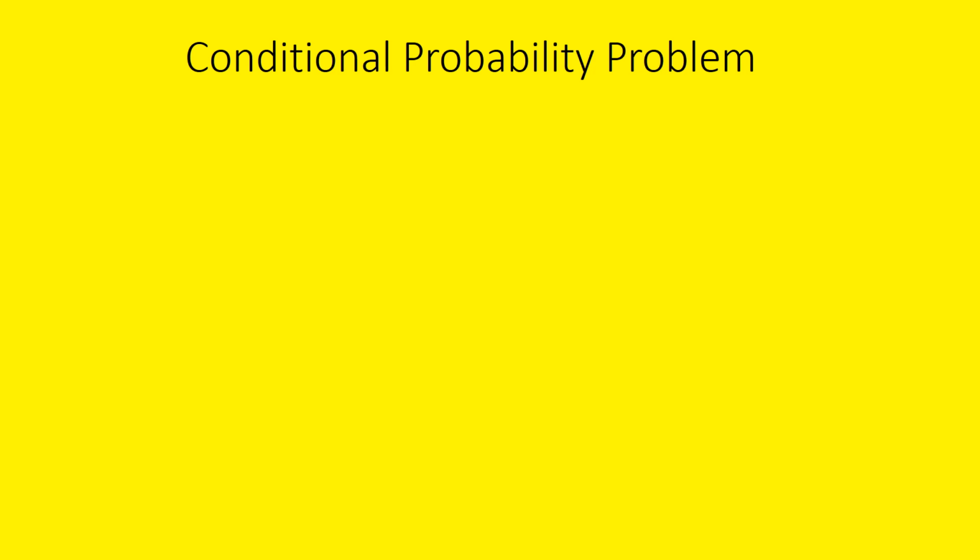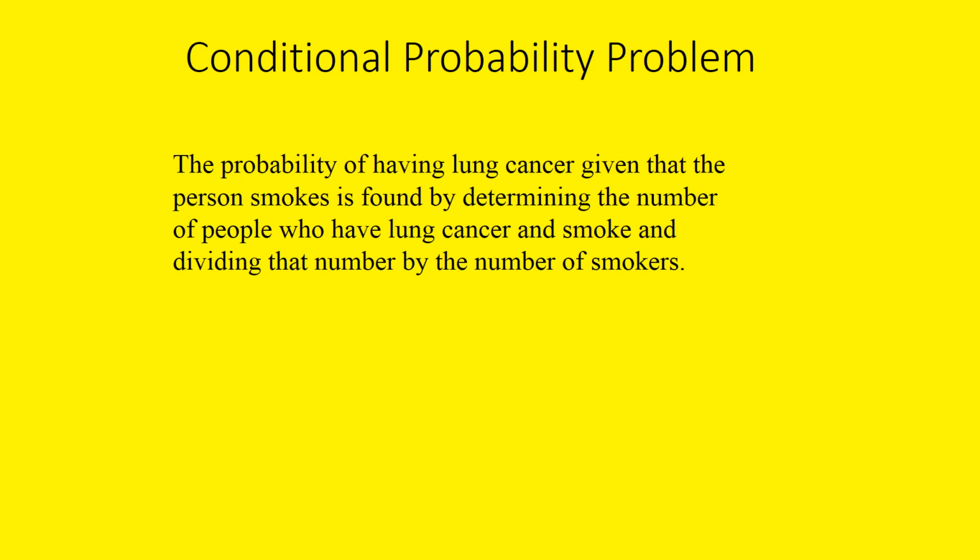It is found by determining the number of people who have lung cancer and smoke, and dividing by the number of smokers. Because now you know that the person smokes, you're given that. So that is like the universe.